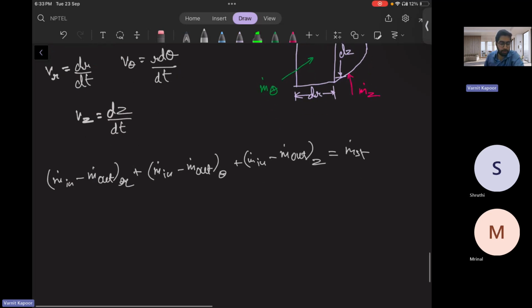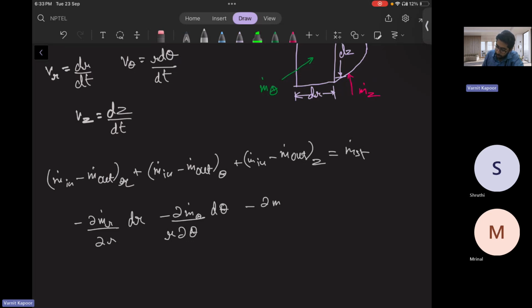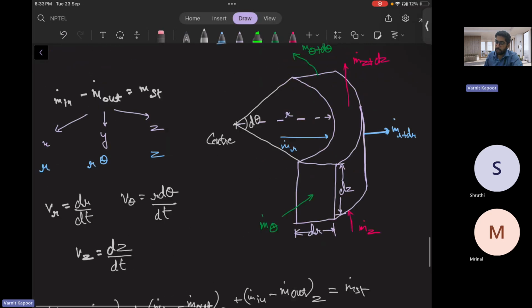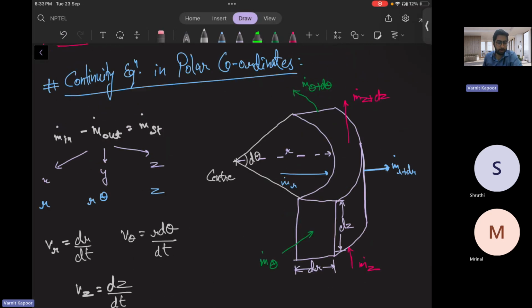So your equation will look something like: dou m r dot by dou r dr minus dou m theta dot by dou theta, that is r d theta, d theta, minus dou m z by dou z dz is equal to dou m by dou t. We are considering unit volume of the element overall.